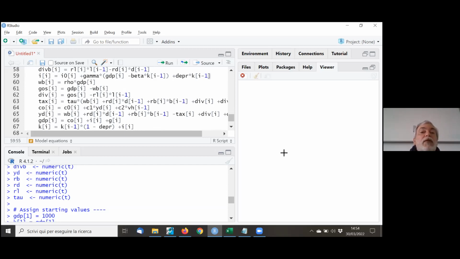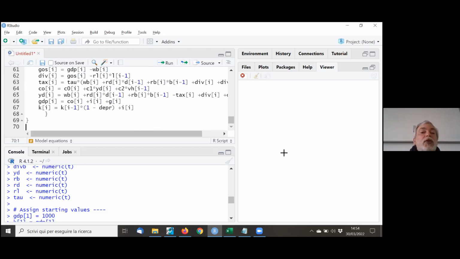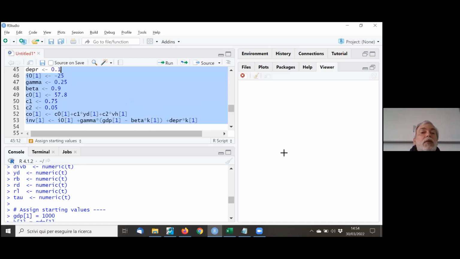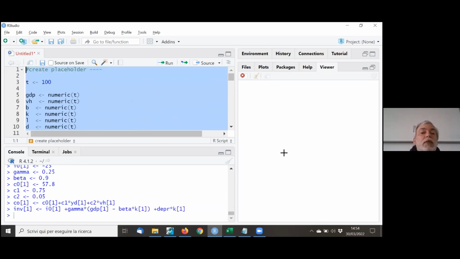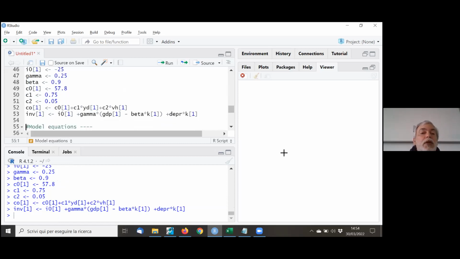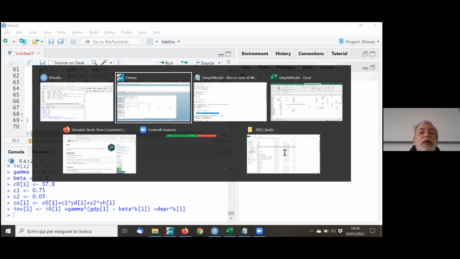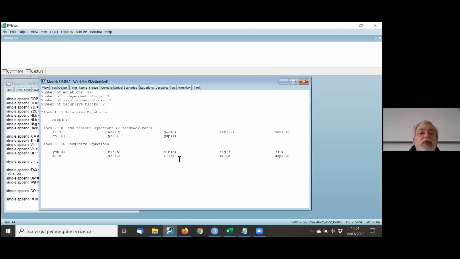We did have I. Should we run everything up to here? No, only up to 53, just to test that it's working. And it's working. Or at least we have a message. So K is also now defined.